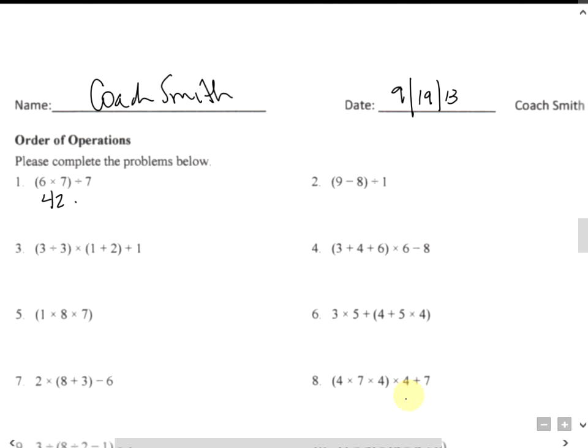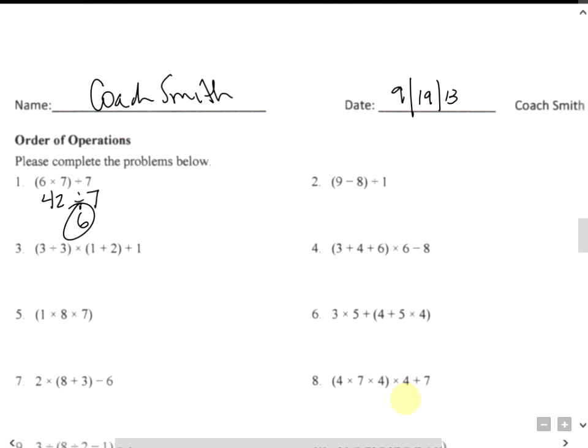So I do that first, and that leaves me with 42 divided by 7, and that is what, Kate? Shania. 6. It is 6. 42 divided by 7 is 6. So my answer here is 6.